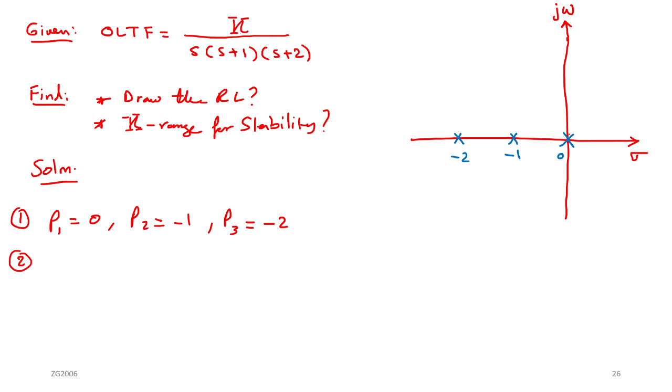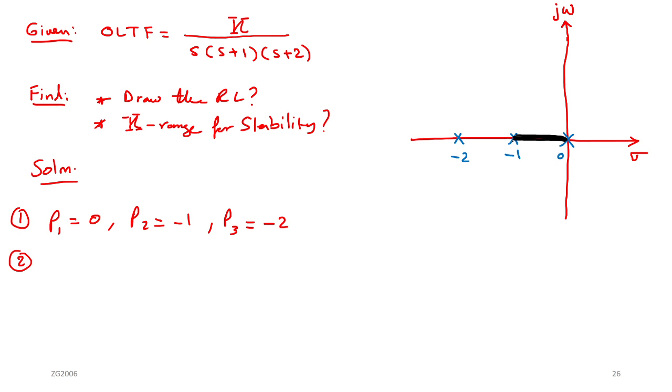This is number 1, pole or zero, doesn't matter. Number 1 is an odd number, right? So to the left of an odd number, we must have a root locus on the real axis. You got it now?